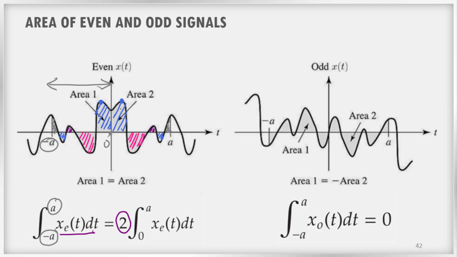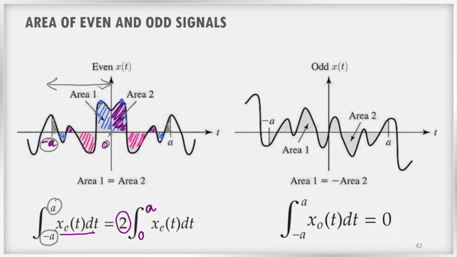See, why is it 2 times? Because if we find the positive area, that will be equal to the negative area, right? So 2 times 0 to a. You have to see that the limit of the integral has changed. It is from 0 to a of x e of t dt, right? So for an even signal, it is not necessary to find the area from minus a to 0. Instead, we can simply find 0 to a, and you multiply that by 2, which will give you the total area.